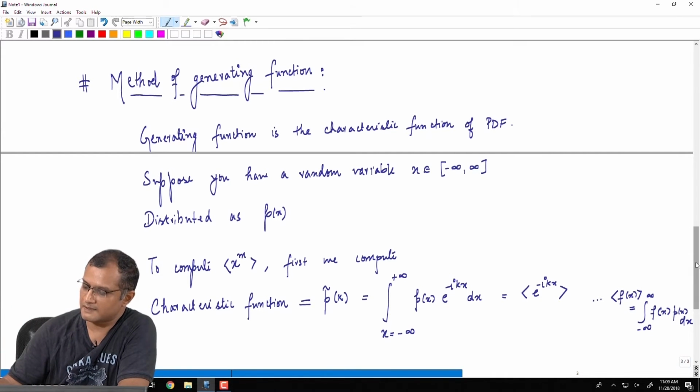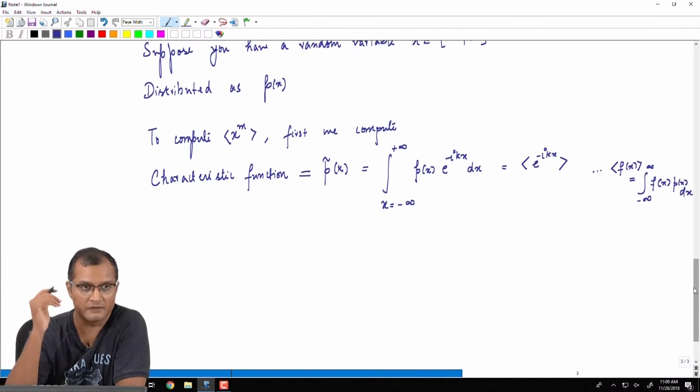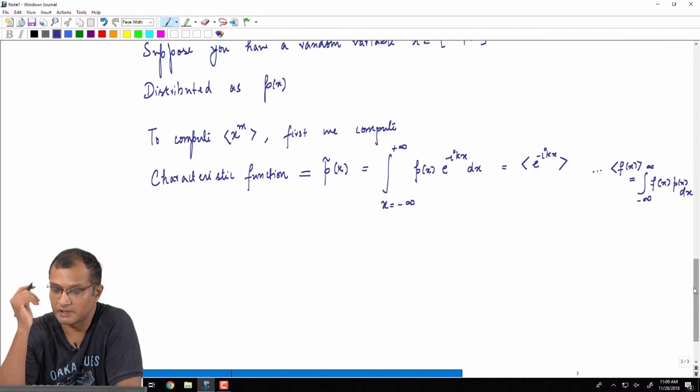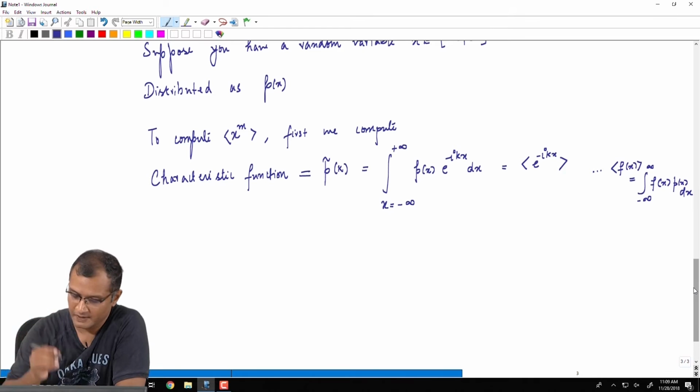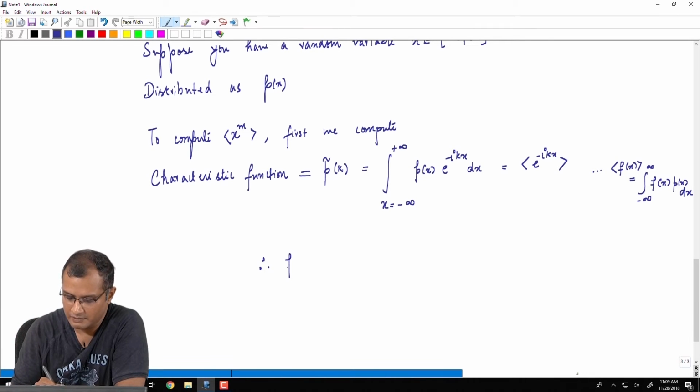So, this characteristic function is nothing but the average value of the complex exponential e to the power minus ikx.